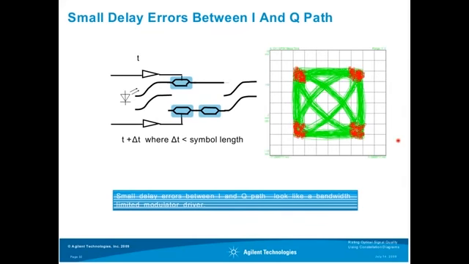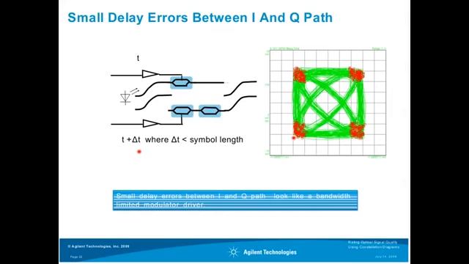And another kind of impairment that we didn't discuss up to now is the delay between the I and the Q path. Up to now, we have mainly discussed the gain imbalances and other impairments, and now we look more at the timing between these two signals.